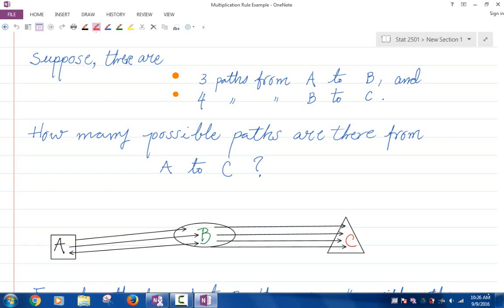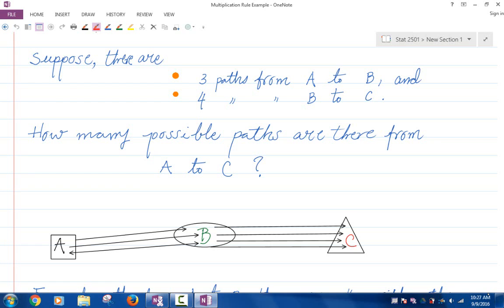For each path from A to B, there are 4 paths from B to C. So think of your first task as going from A to B. For each way of completing the first task, there are 4 ways of completing the second task.